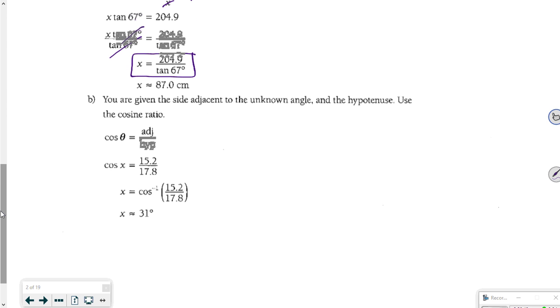So down here, we're using our cos formula, adjacent over hypotenuse, filling in our adjacent number over our hypotenuse number. When you go to solve this in your calculator, you've got cos of x equals 15.2 over 17.8. And to get the x all alone, we have to do the opposite of the cos function, and that's the inverse cos, or the cos -1.